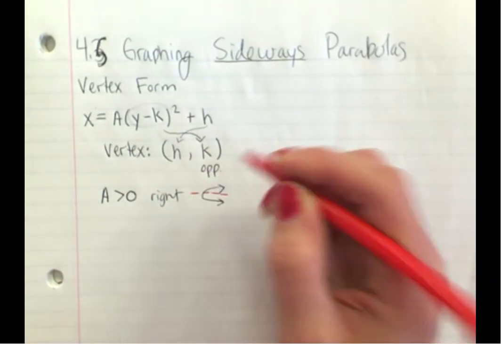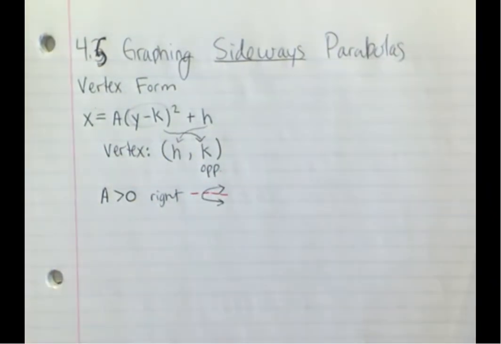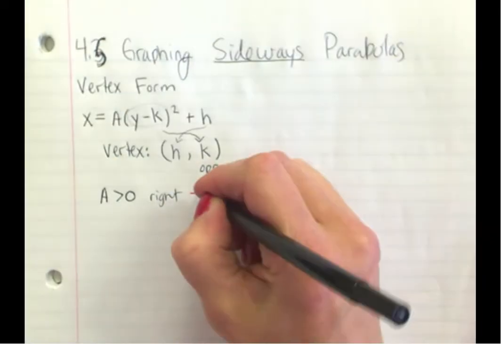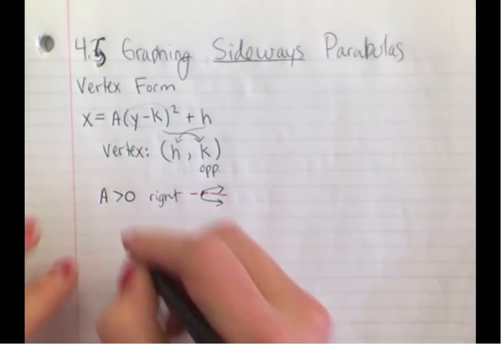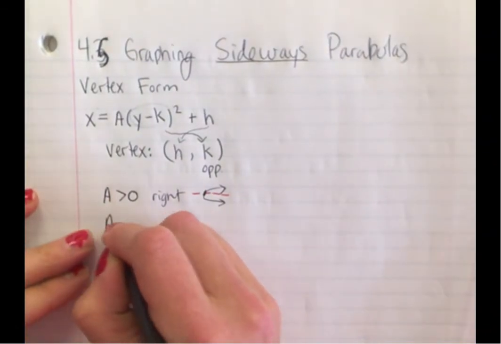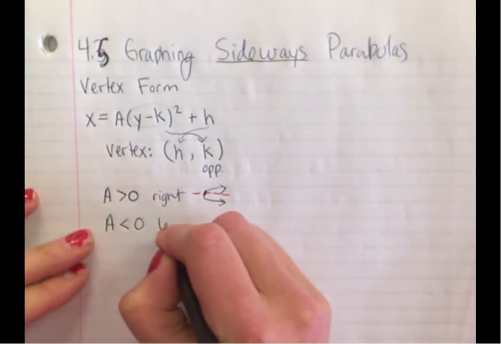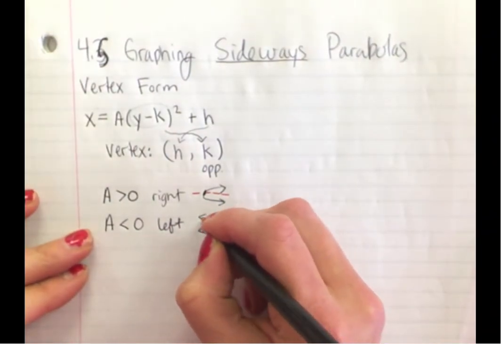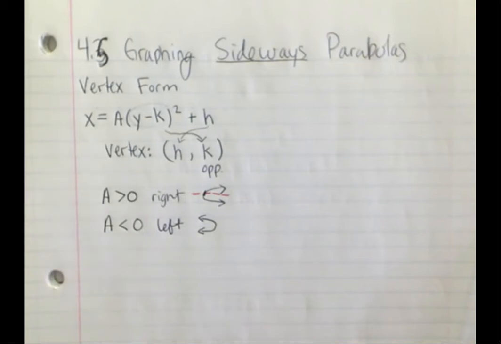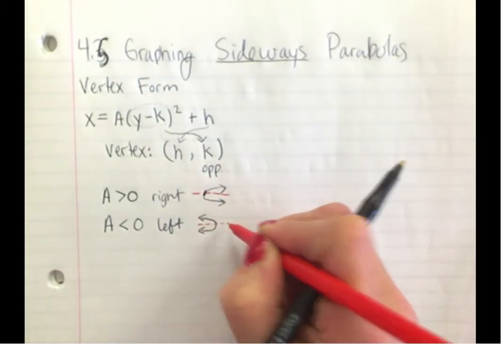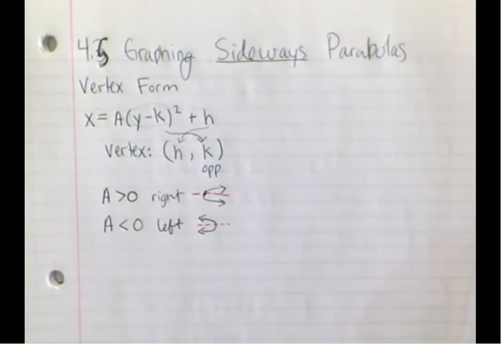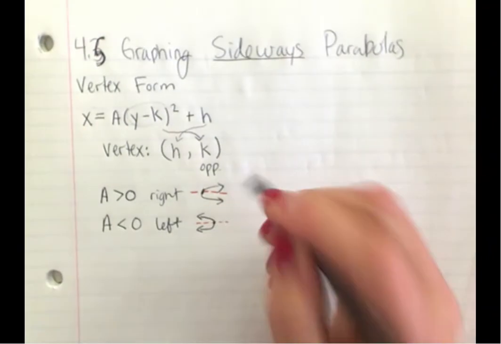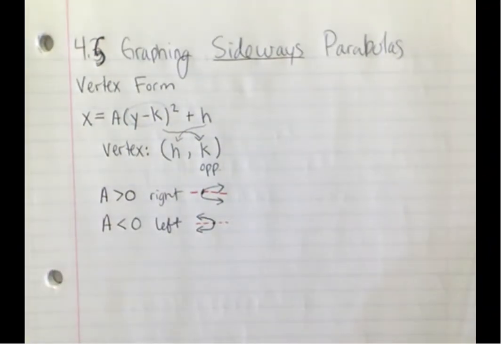There's my axis of symmetry. I still have an axis of symmetry, but where is my symmetry? Horizontal. If A is negative, it will open left. I'm just going to sketch a little left opening parabola and put my axis of symmetry there because I do need to know how to reflect my points.